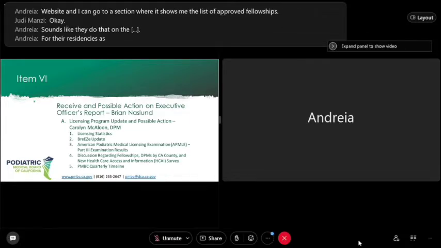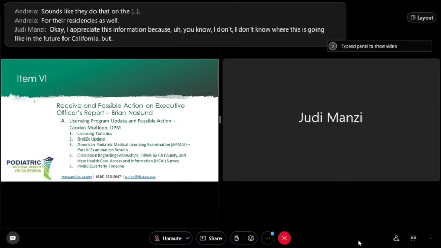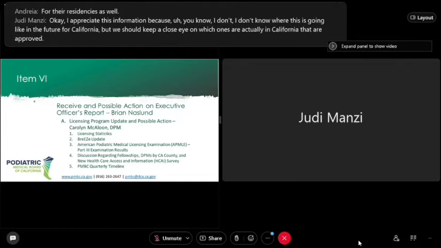I appreciate this information because I don't know where this is going in the future for California, but we should keep a close eye on which ones are approved, or recognized, I guess we should say. And you have that list, right?